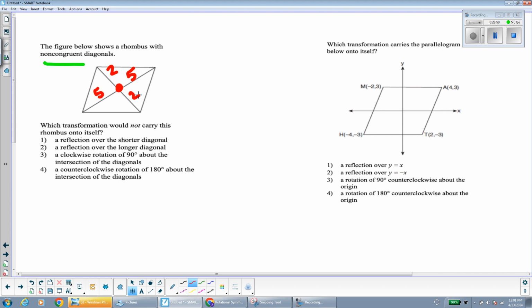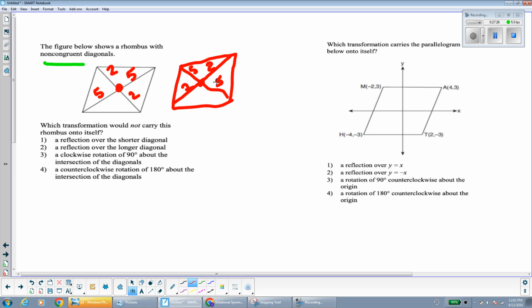Once again, I just randomly picked those numbers, but I know that they're being split equally because a rhombus is also a parallelogram. And if this rotates 90 degrees clockwise, and I'm not a good artist, but imagine it flipping upwards. So that would be 5, that would be 2, that would be 2, and that would be 5. That doesn't look the same as the original.